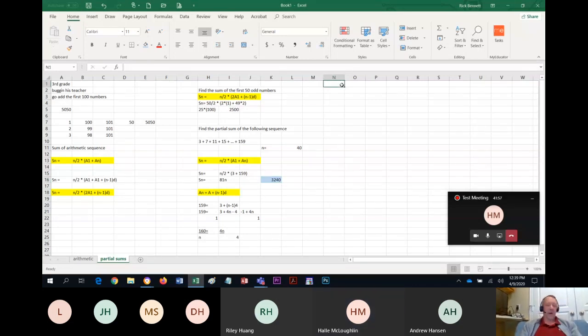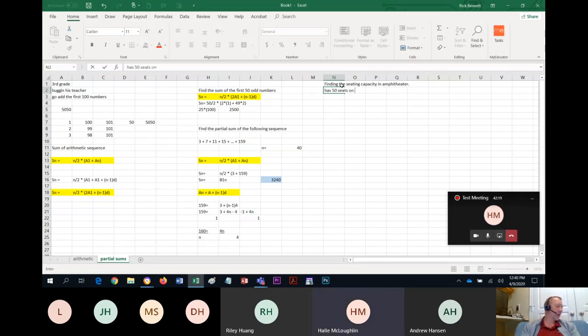Okay, let's do one more problem. Finding the seating capacity in an amphitheater. Okay. So the amphitheater has 30 rows, 30 seats. No, sorry, 50 seats.